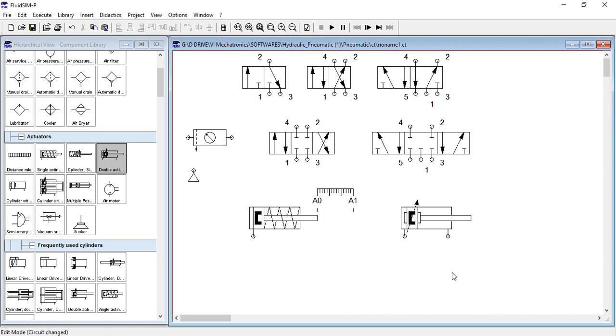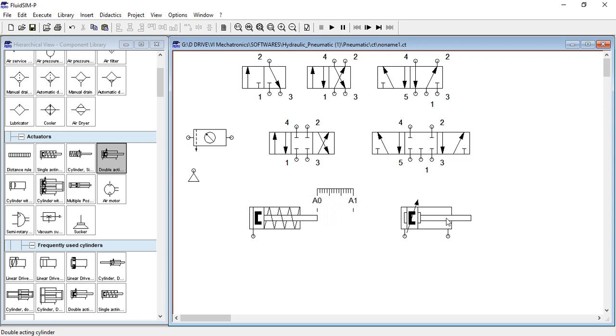But in a double acting cylinder there are two ports. If air comes from this port, it will extract, and it will stay there unless air comes from the other port. If cutoff happens to this port, the piston is not going to move back unless it has some external load. If there is no external load, it will stay in the extracted position forever.